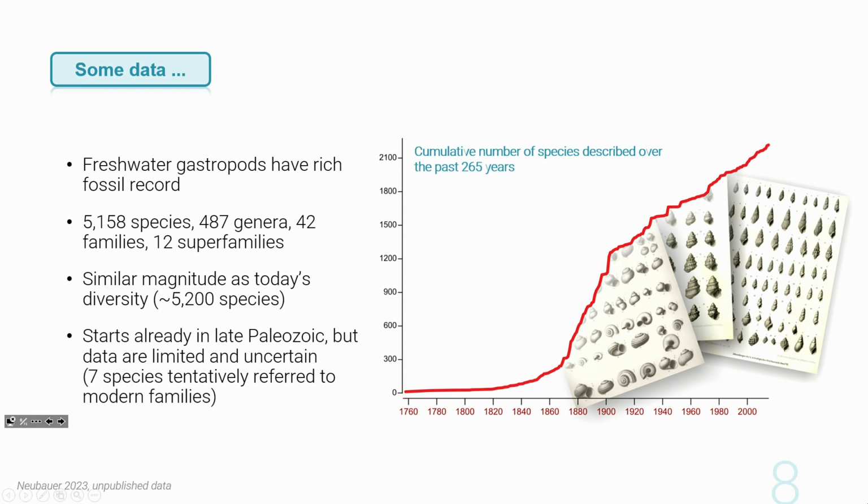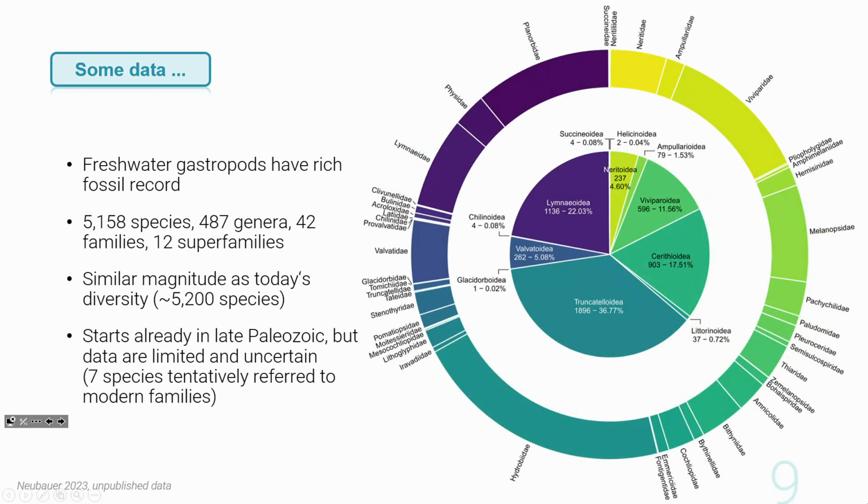In other cases, if you have a snail this big, slender, no features, it can be anything. So I'm not sure. So I based this talk basically on Triassic to Pliocene because there we have more reliable data, let's say.